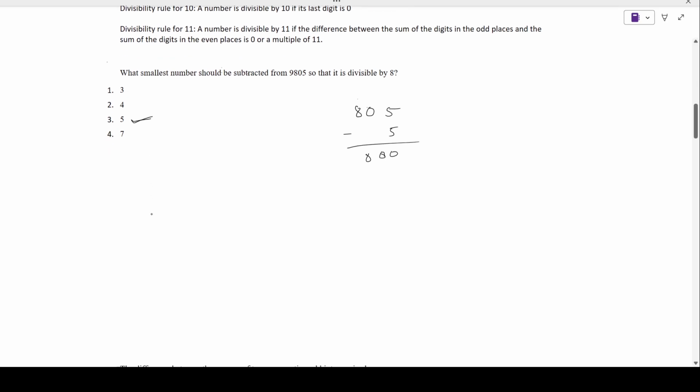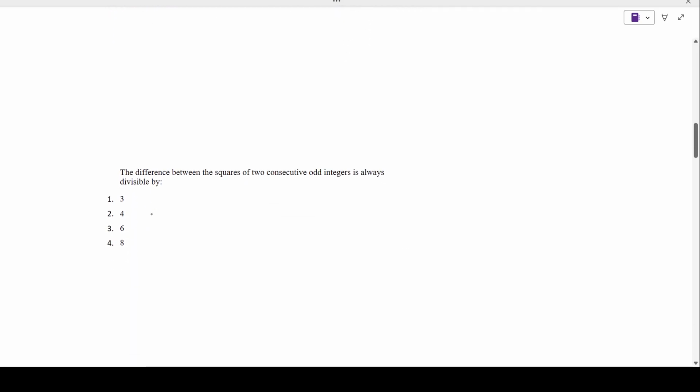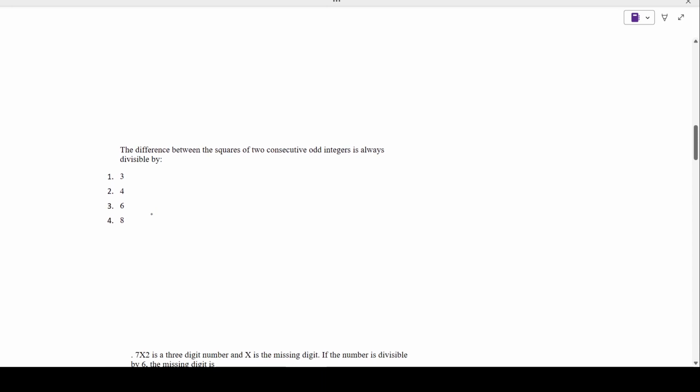Moving on to the next question. The difference between the squares of two odd consecutive integers is always divisible by which of these numbers? Here we have to find the difference between the squares of two odd consecutive integers. Let's take the first odd integer as 2x plus 1. Since 2x is always divisible by 2, adding 1 will always make it odd.